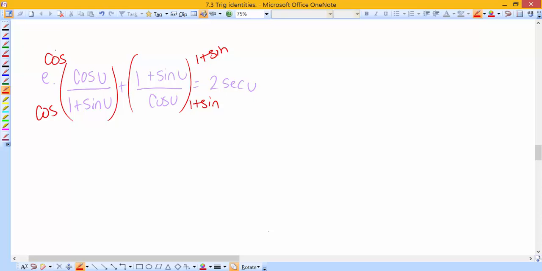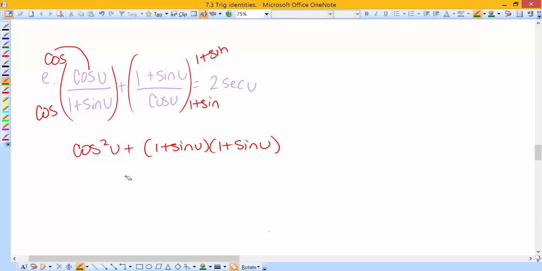So, well, I can do cosine times cosine. Cosine times cosine is going to give me cosine squared. Then it's 1 plus sine times 1 plus sine. You can actually multiply that. That's distribution. FOIL.